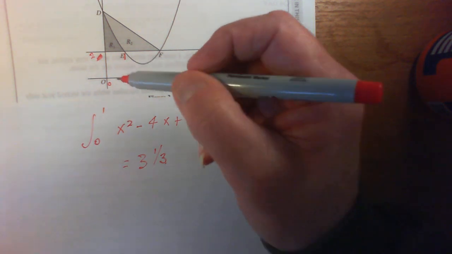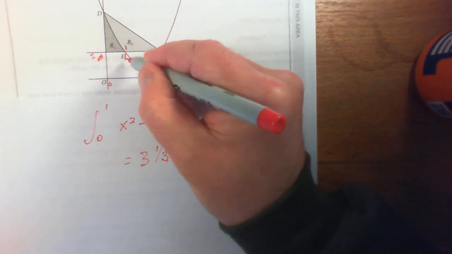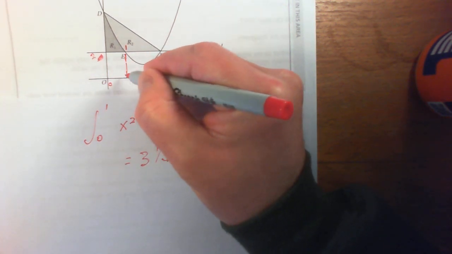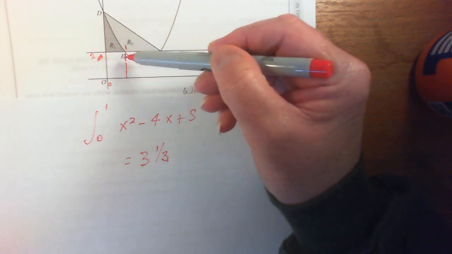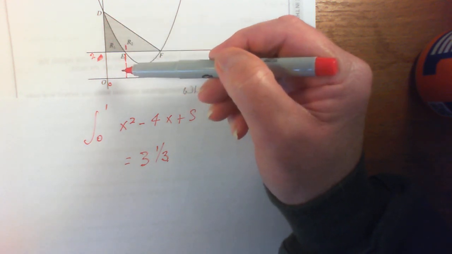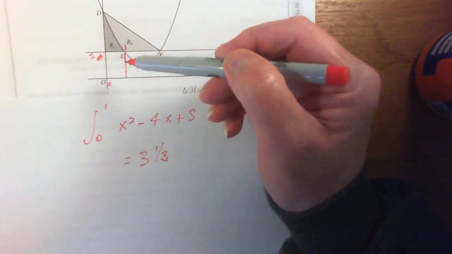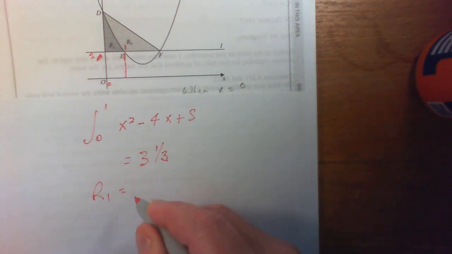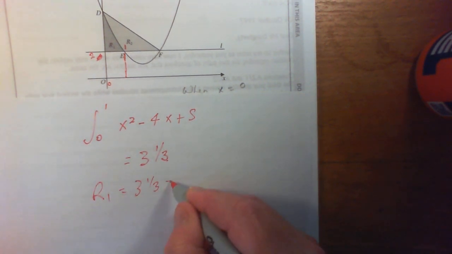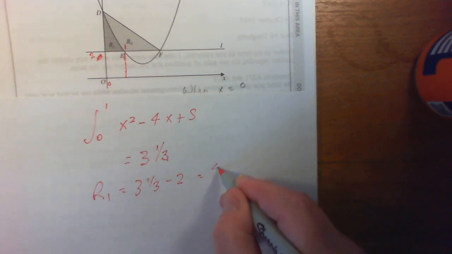That's the first important thing to mention. What that integration has given me is the area of this here. So I need to chop off this area, and that's just 2. So R1 equals 3 1/3 minus 2, which equals 4 over 3.